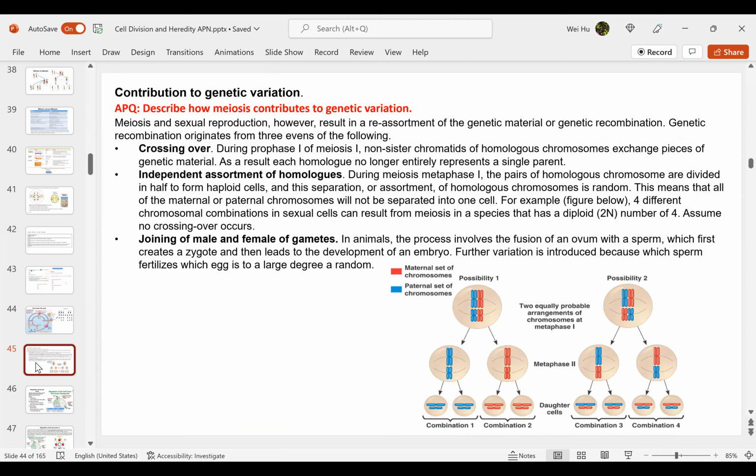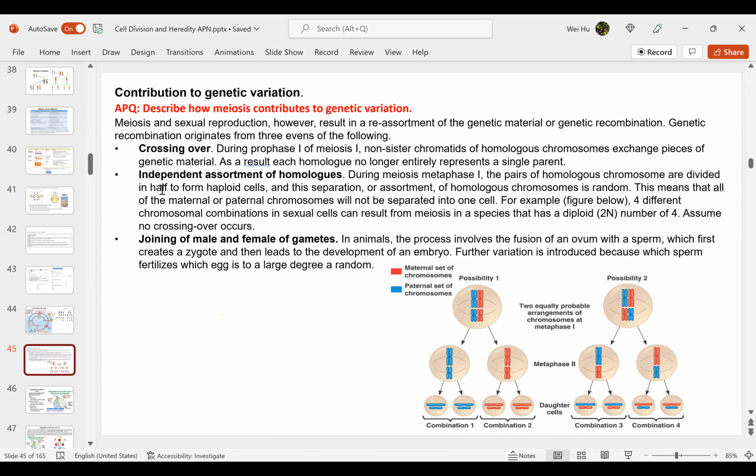Okay, so now let's talk about the genetic variation. So we actually say everyone are different. Why you are different? So someone say, oh, mutation. Okay, mutation could have, but it's not a major contributing factor. So what's the major contribution factors? 3, okay, remember, meiosis, crossover in prophase, independent assortment of homologs in the meiosis 1 anaphase because they freely combine and separate.